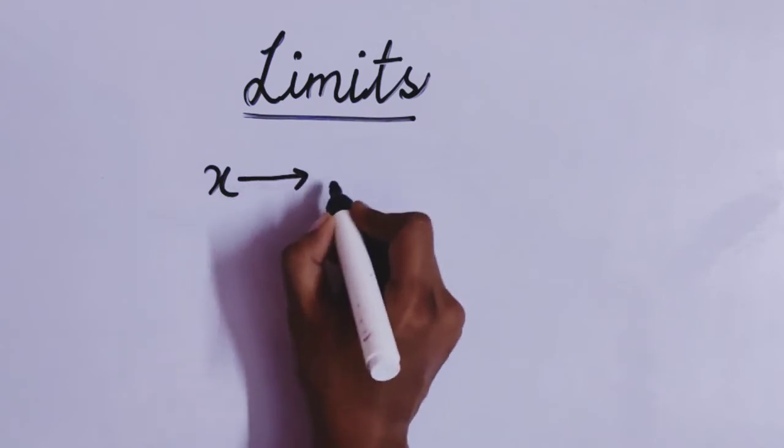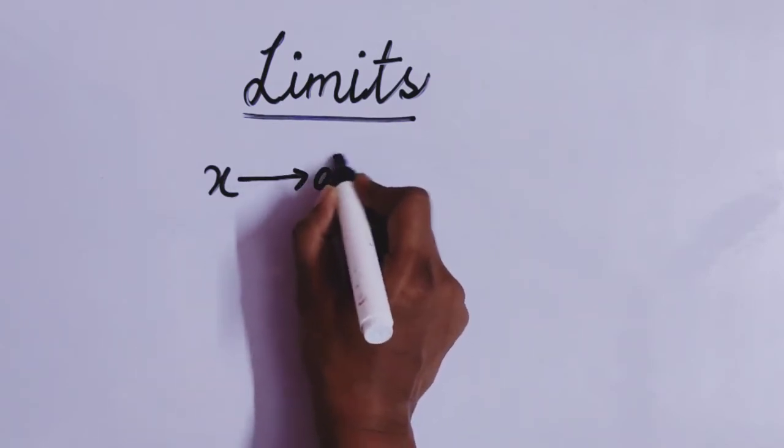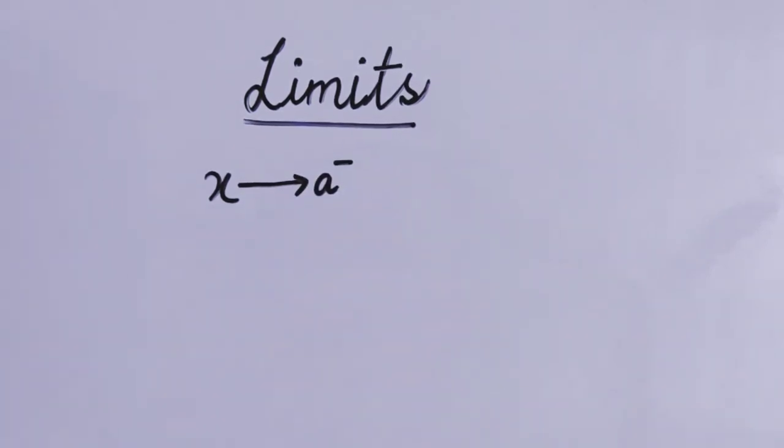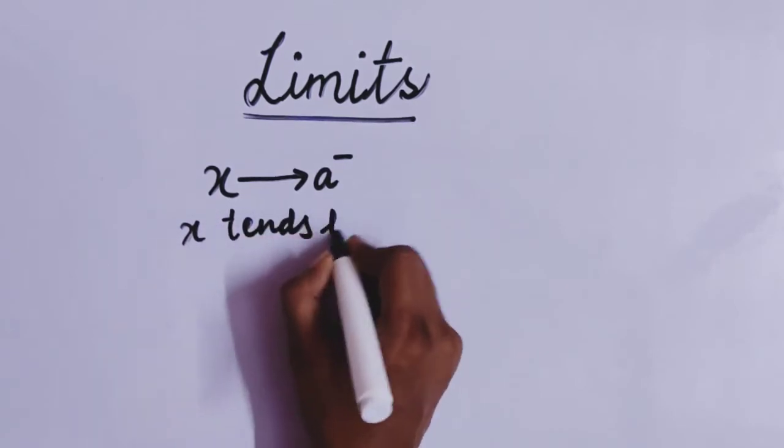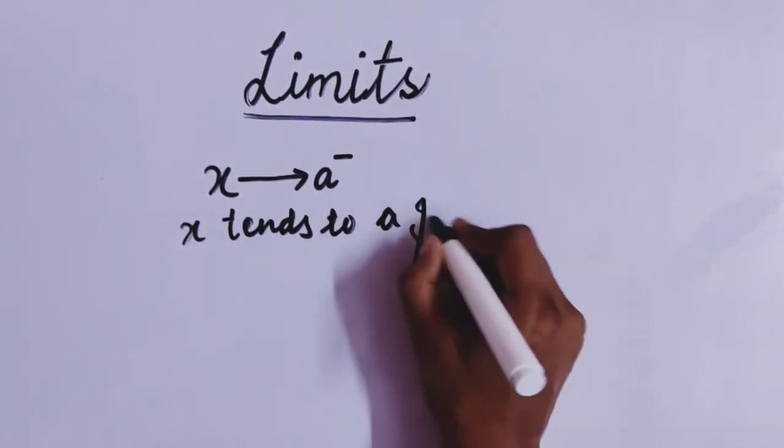Now what is the meaning of x tends to A negative? First of all, how will we read it? We'll read it as x tends to A from left.